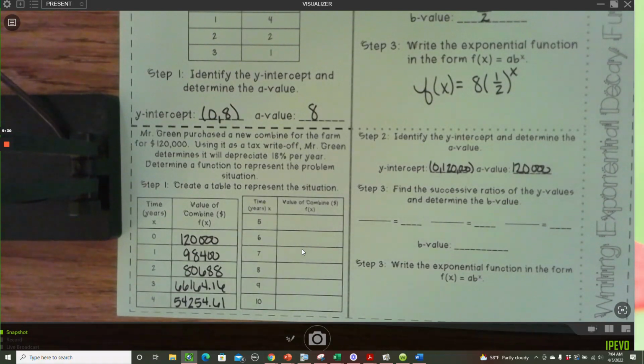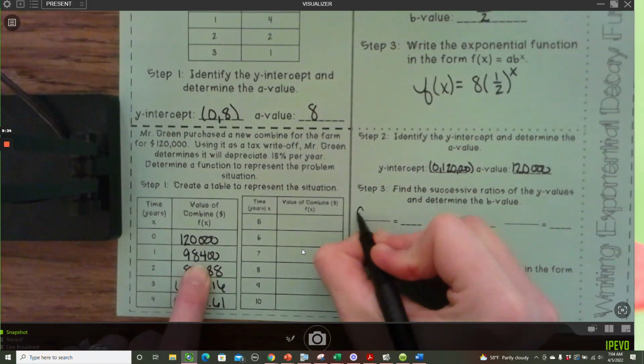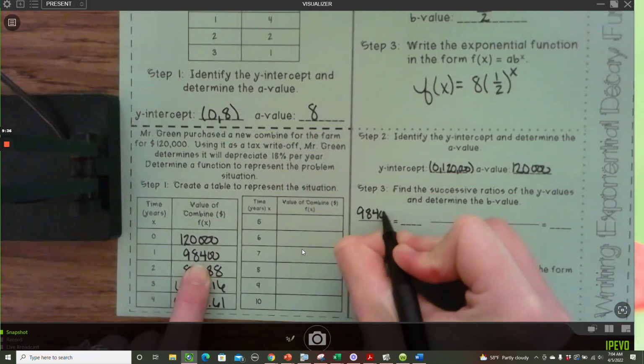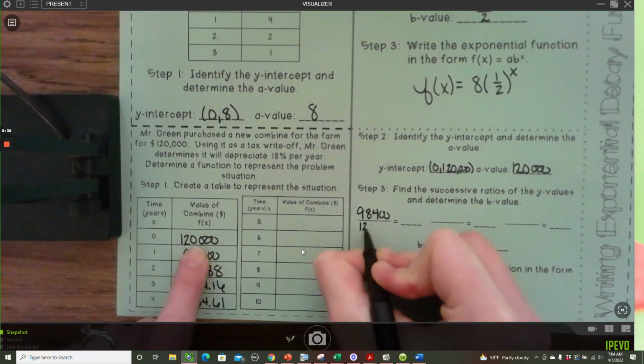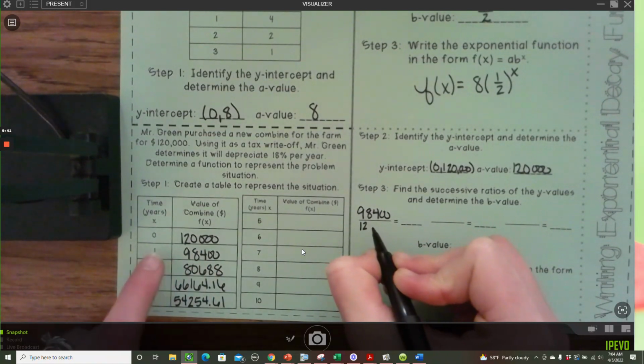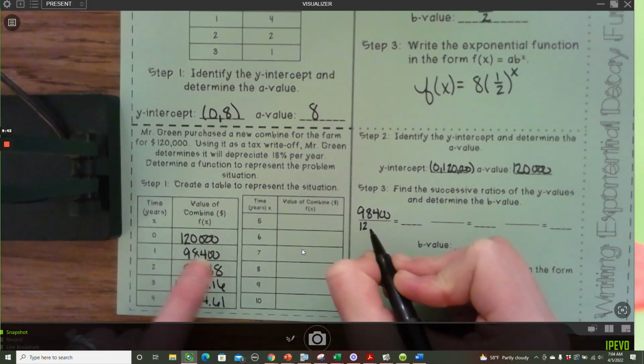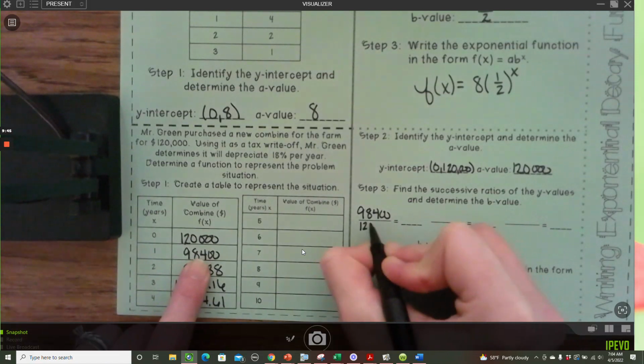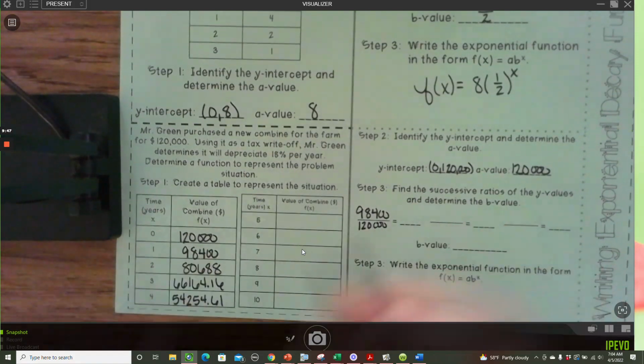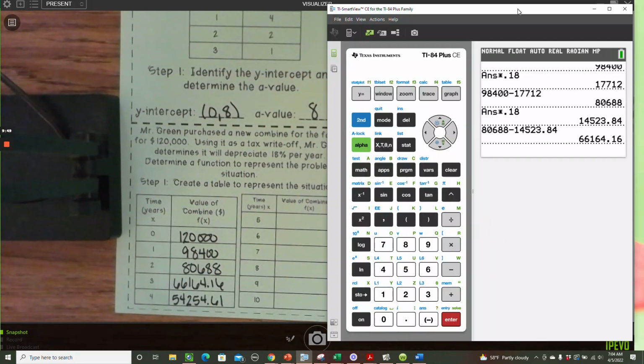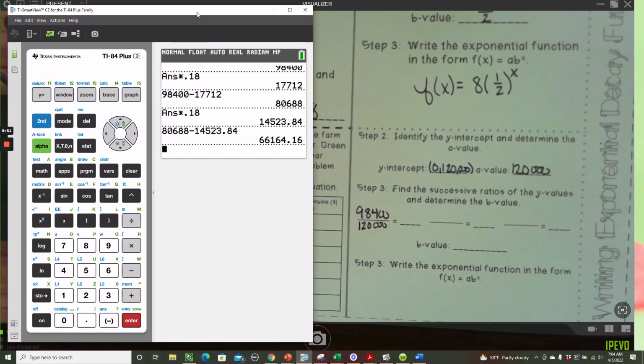All right, so the b value. So we're going to take the higher x, and I know I'm saying x, but this is the higher x here. This is a y. And again, we can divide that. Top divided by bottom.